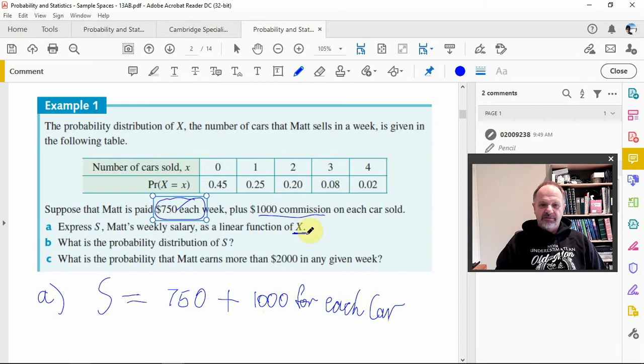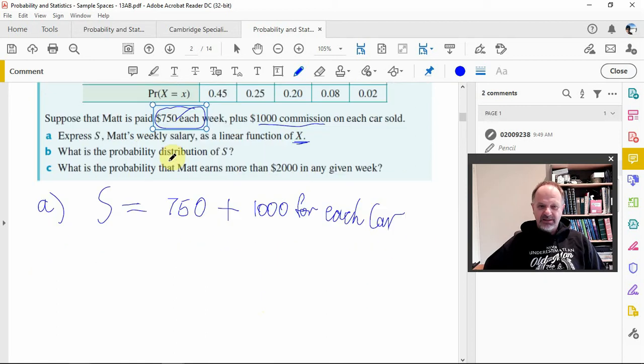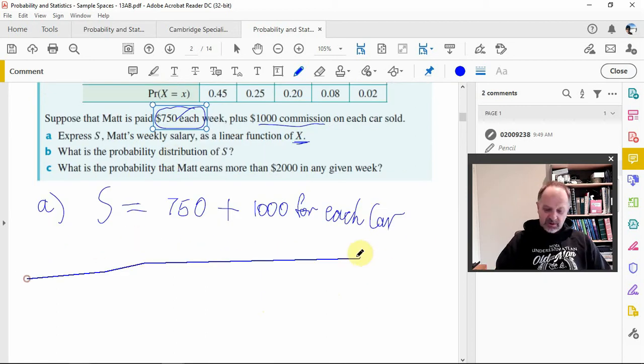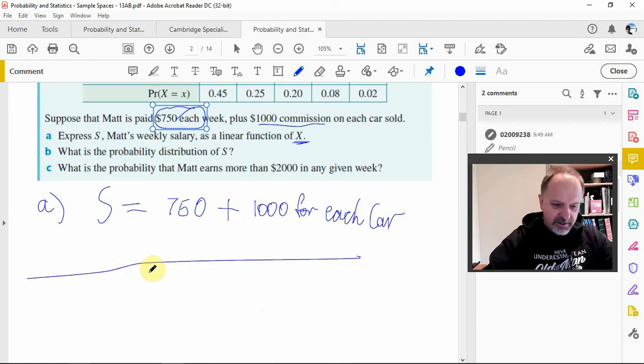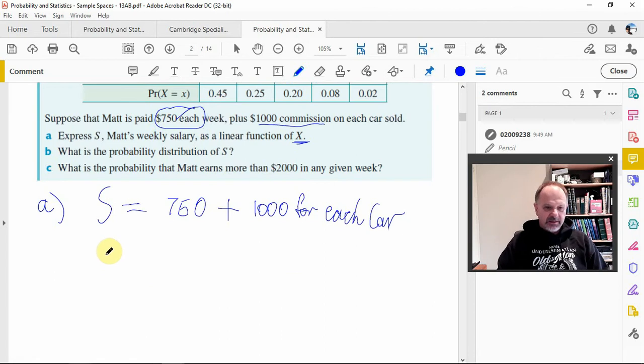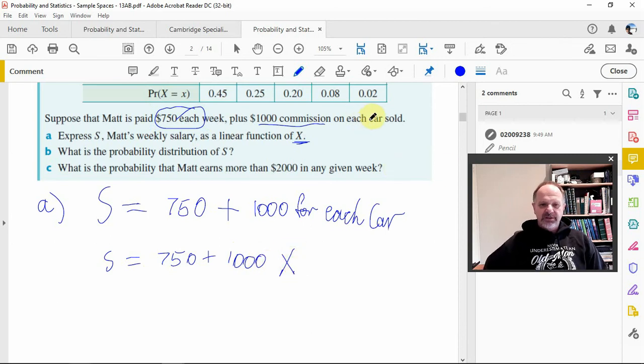All right, and function of X, and X is the cars. So X is the number of cars sold. So how can we write that? His salary then would be $750 plus 1,000 X. All right. So what is the probability distribution of S?